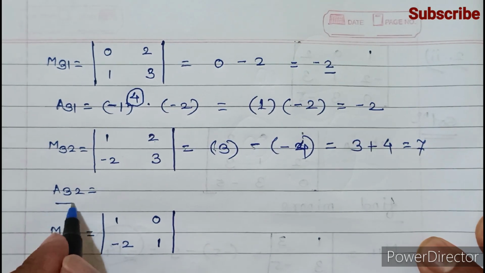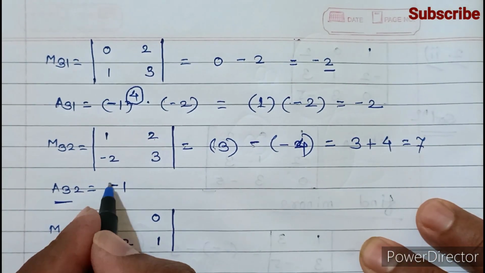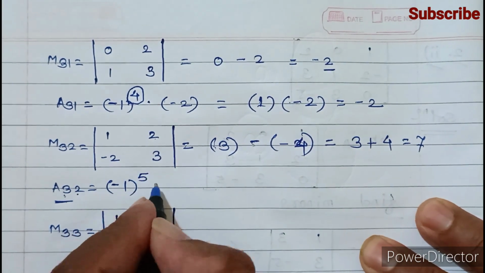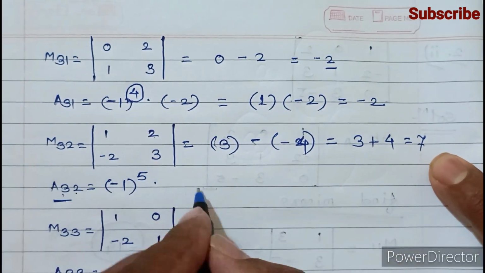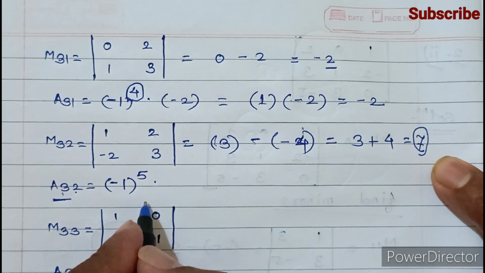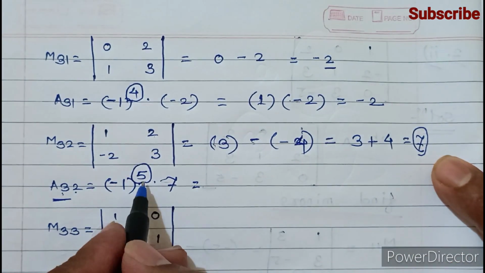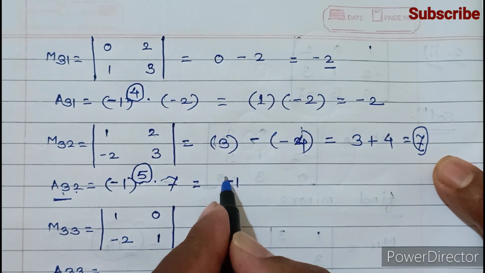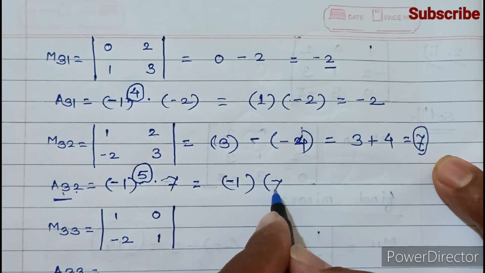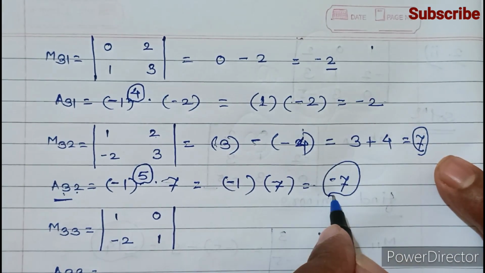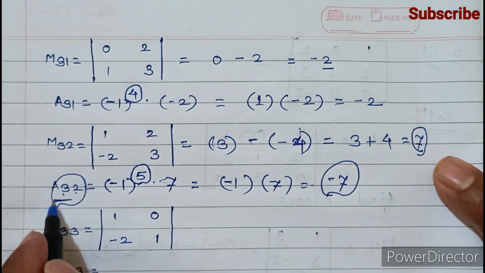Here we have to find A32. According to the formula, minus 1 to the power 3 plus 2, that is 5, into this M32, that is 7. The power of minus 1 is an odd number, therefore it will remain minus 1, into 7. The answer we get is minus 7. Minus 7 is the answer of this A32.